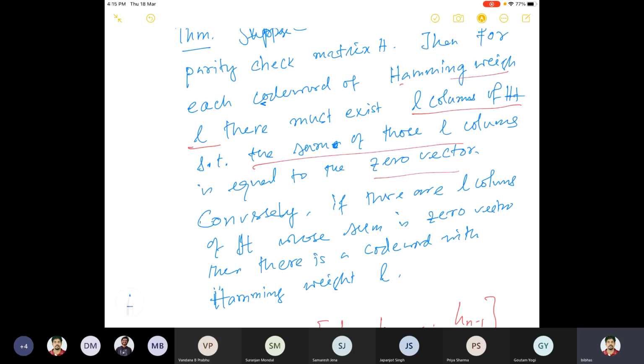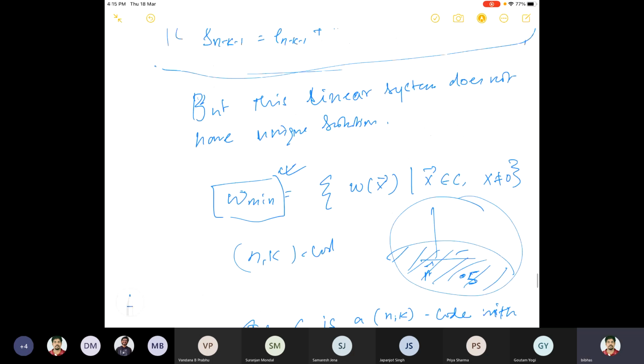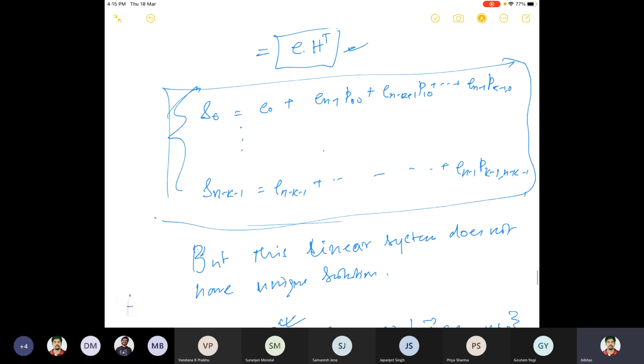But if n is much bigger than k, there are 2 to the power n minus 2 to the power k entries which give error patterns that can be detected. Now we'll talk about how to decode, or if there is an error which is detected, how to fix it. So here I said this way you cannot fix the error by solving this equation. It is not possible.